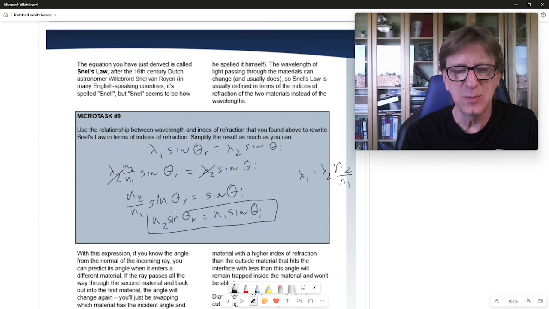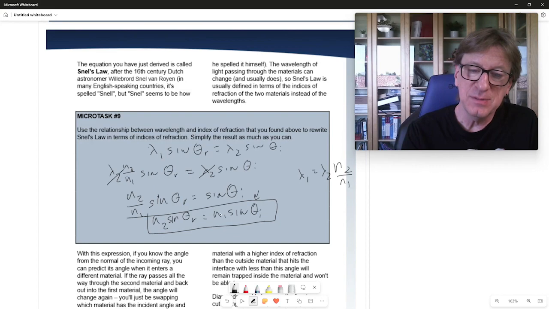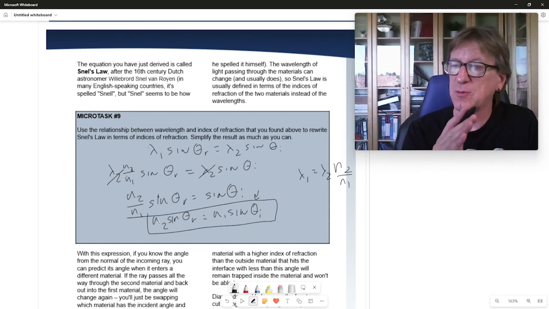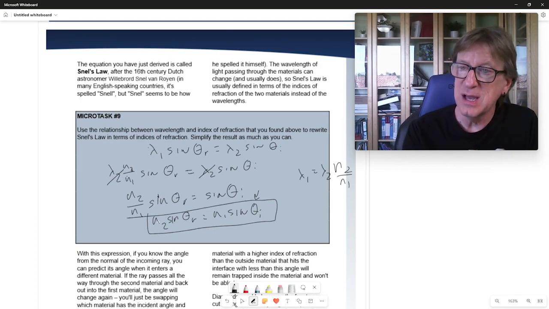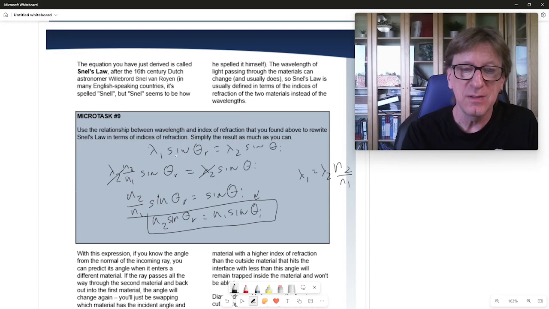And this form is a little bit easier to remember because what this says is that the angle of incidence, we're in the medium n1, so n1 times that sine theta i is going to equal our refracted angle, the sine of that, times the medium that we're actually refracting in. So in the earlier form, you see that it's opposite.